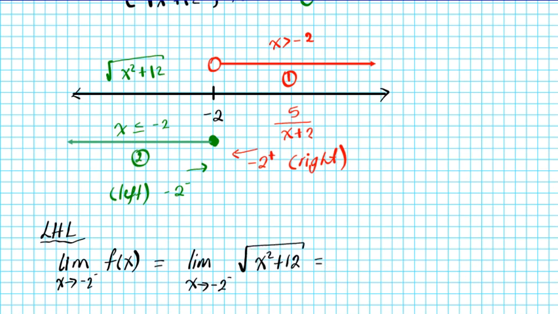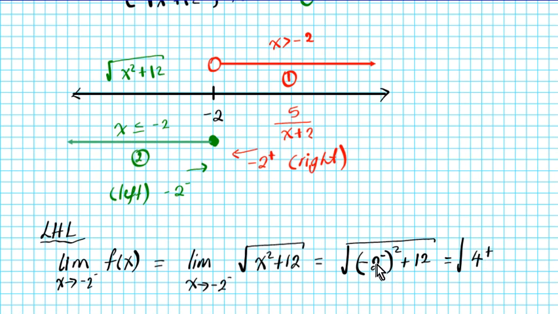Okay, so since this is a finite limit, we're simply going to substitute and solve and see what happens. So we have -2 from the left squared plus 12. If you square -2 from the left, it's going to become +4 from the right.